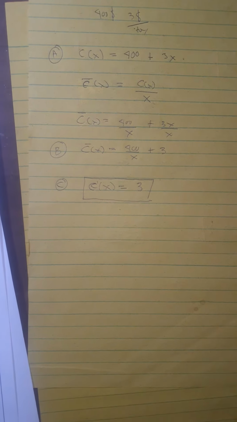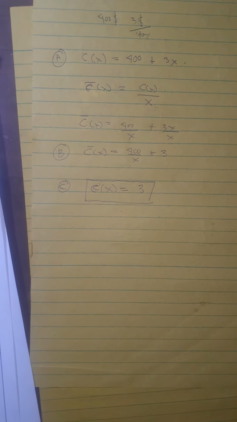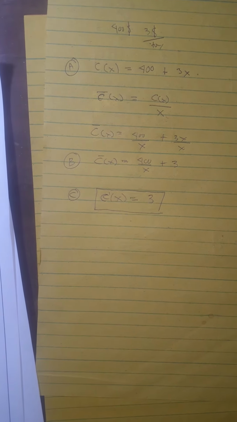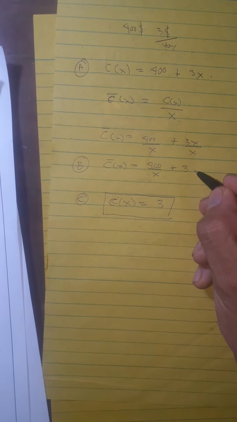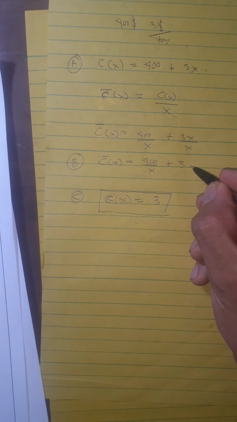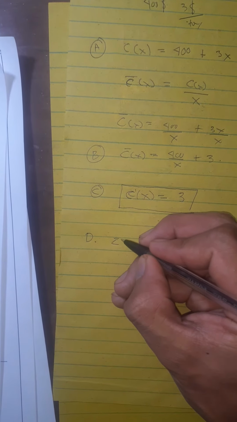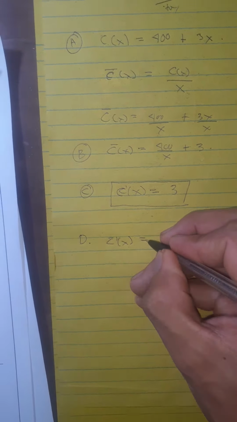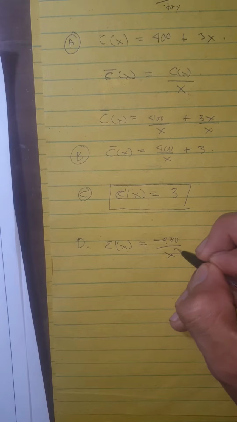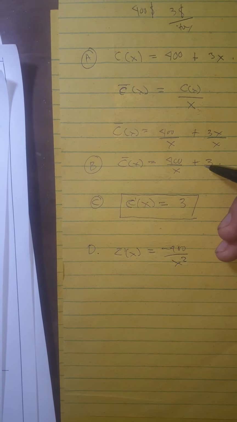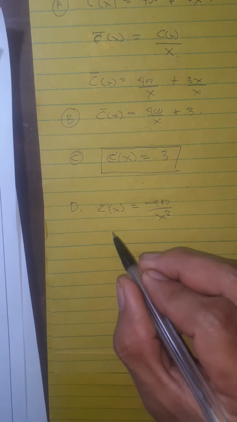Since the first derivative is a constant, there is no absolute minimum or maximum, because there is no variable. The minimum average cost per unit means we derive our average cost, C bar of x is equal to 400 over x plus 3, then get the critical numbers. So C bar prime of x is equal to the derivative of 400 over x, which is negative 400 over x squared, and the derivative of 3 is 0. To get the critical numbers, set it to 0.